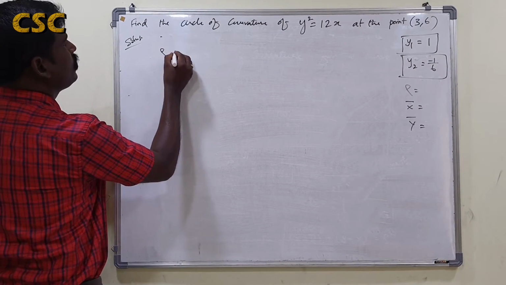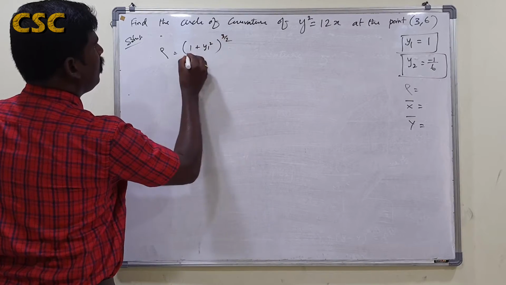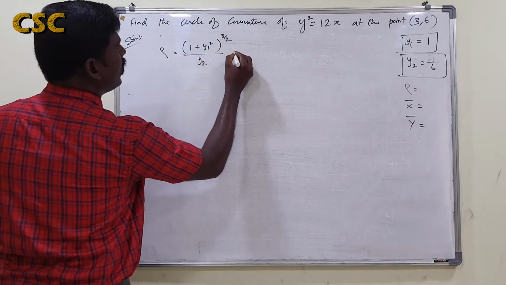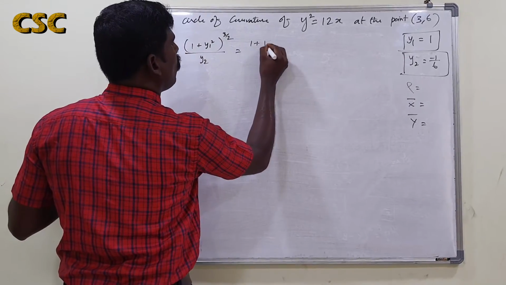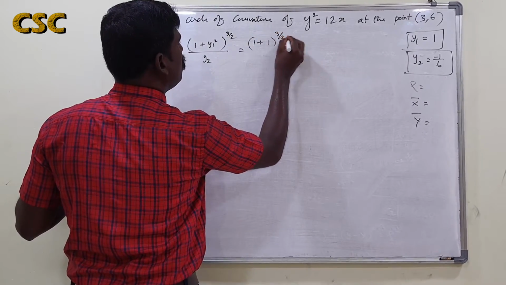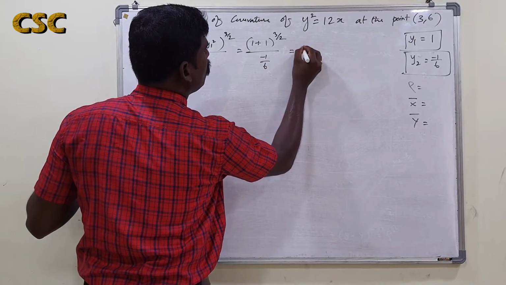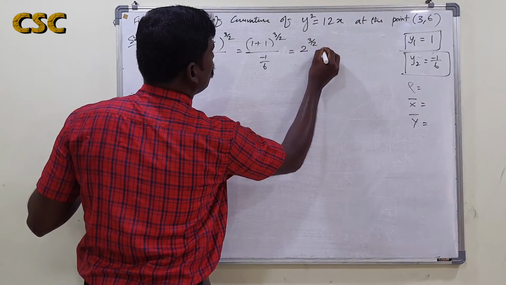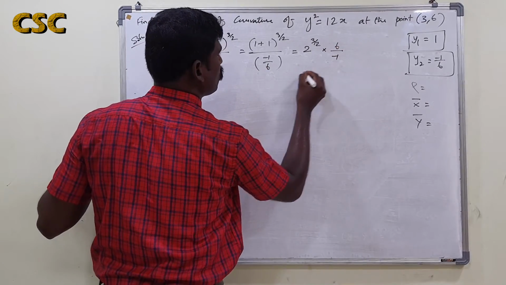Now, what is rho? 1 plus y1 square the whole power 3 by 2 by y2. That is equal to 1 plus, what is y1? y1 is 1. 1 square will become 1. So 2 power 3 by 2 by y2, which is minus 1 by 6. In the denominator, 1 by minus 6 becomes reciprocal multiplication of minus 6 by 1.